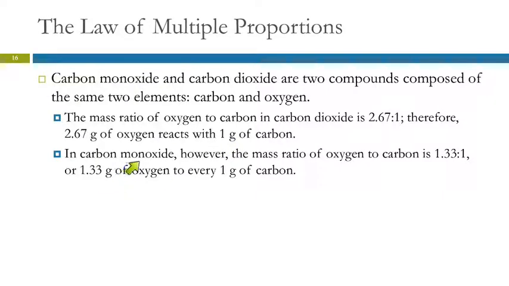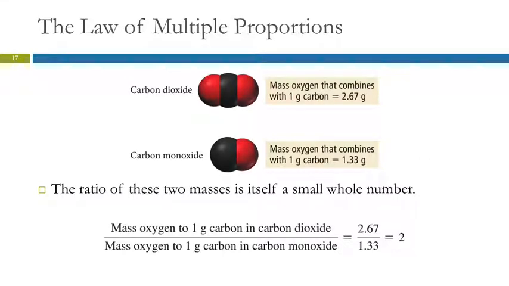In carbon monoxide, that's the one we looked at in the previous problem, the ratio was 1.33 to 1. 1.33 grams of oxygen for every 1 gram of carbon. So if we take the ratio of 2.67 to 1.33, we get a small whole number, 2. So the ratio of those ratios is itself a small whole number. Any questions?